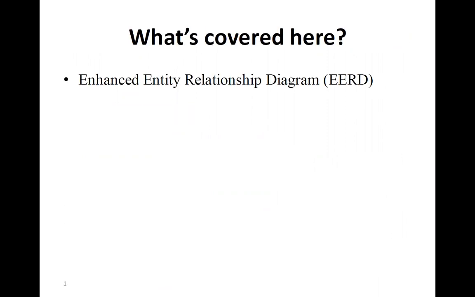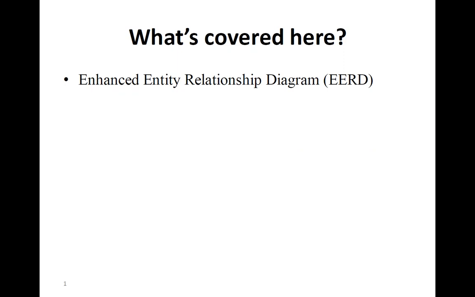After the entity relationship modeling had been used in the industry quite a few years, the academic community and the industry found some deficiencies with the original entity relationship modeling.